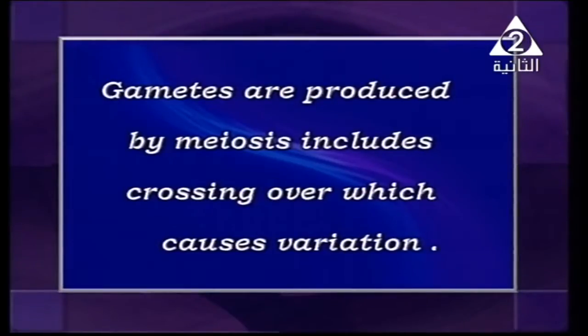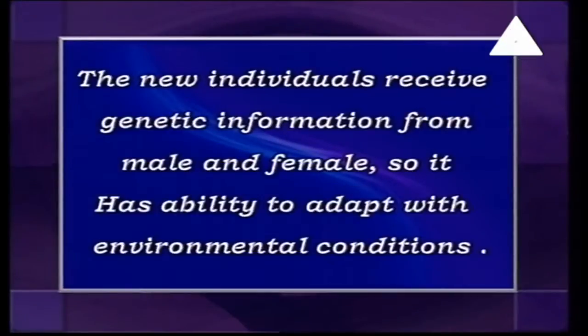So the crossing over phenomenon causes variation. Also, the new individuals receive genetic information from both male and female, so they have a great ability to adapt to harsh environmental conditions.